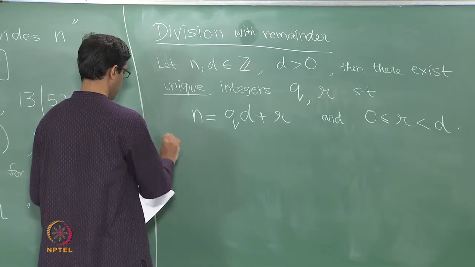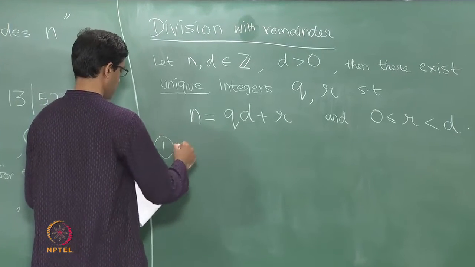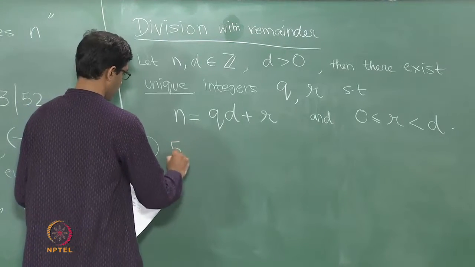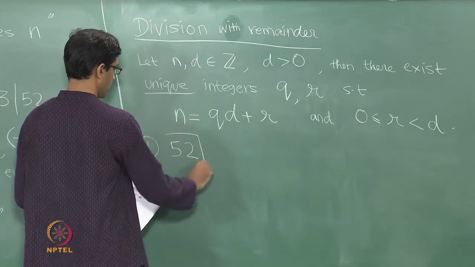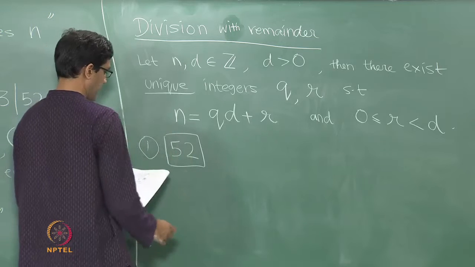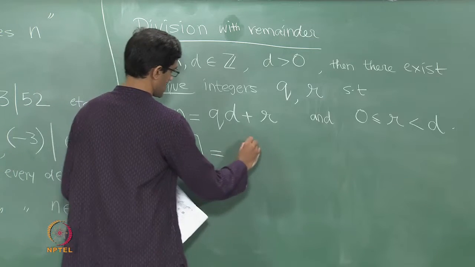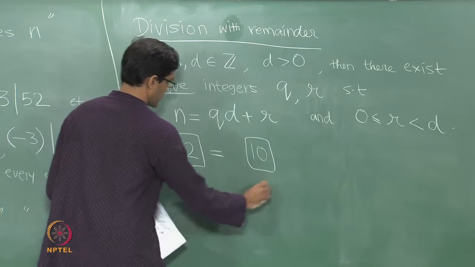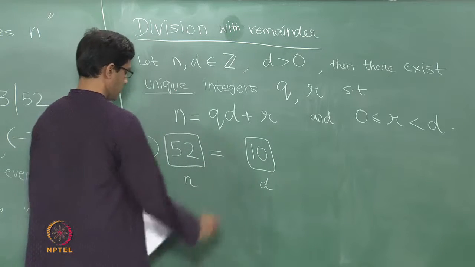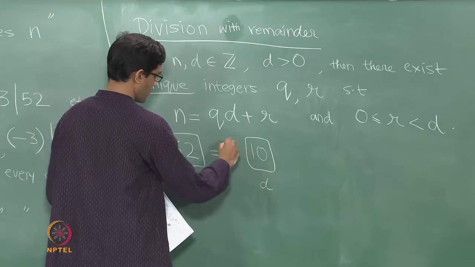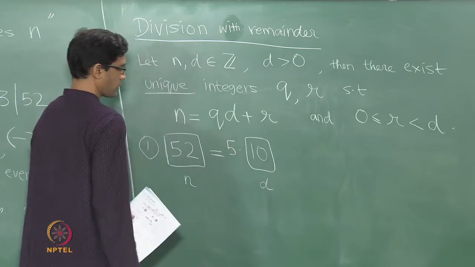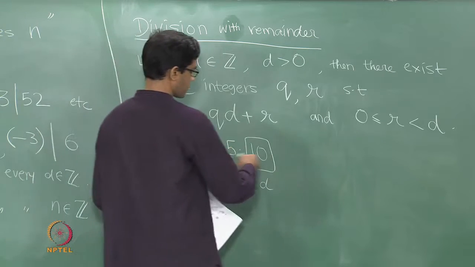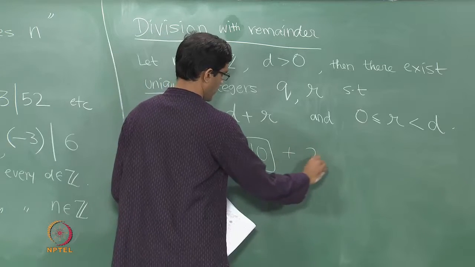Here are a few of them. If I take the number 52, that is n, and we try to divide it by 10, that is the d. Of course it is not exactly divisible, but you can think of the quotient as being 5, which accounts for a 50, and a remainder of 2.